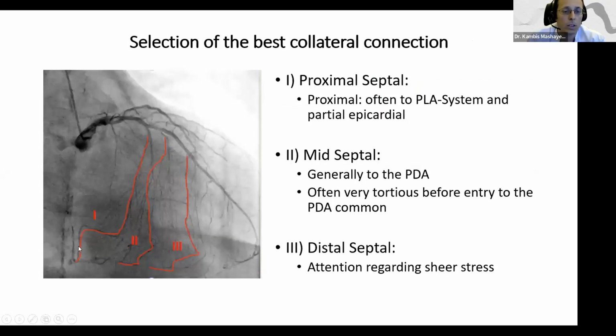And when you decide where you want to have your retrograde gear, in the posterolateral branch or in the PDA, you have to know that the very first septal connections are almost entering, in some cases, even the posterolateral branch, and the mid-ventricular and distal ones are entering the PDA. This is also information that I want to give you to understand.